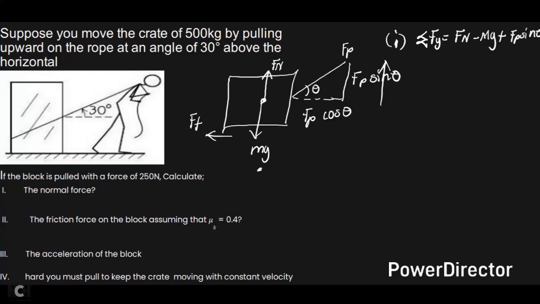They're asking us to calculate the normal force, meaning this part will be 0 equals Fn minus mg plus FP sine theta. Here we're looking for the normal force, so we make Fn the subject of the formula, such that Fn is equal to mg minus FP sine theta. So what's the mass?